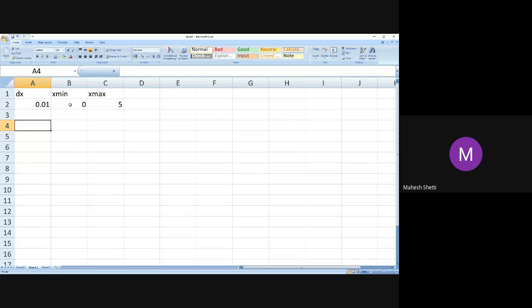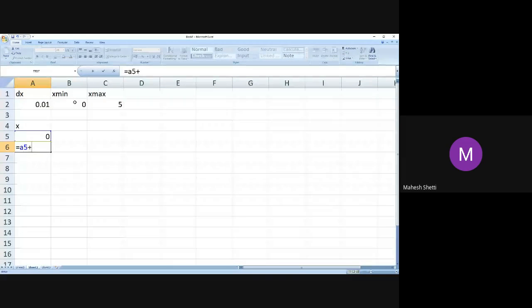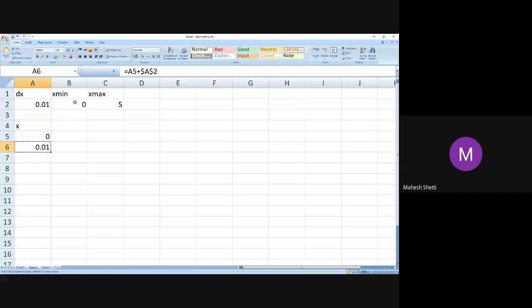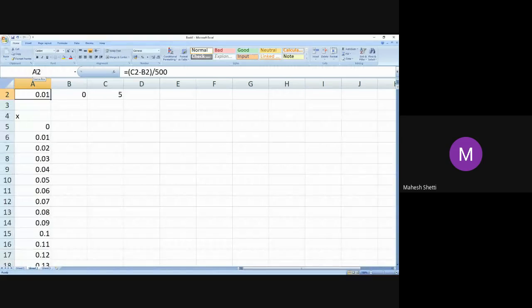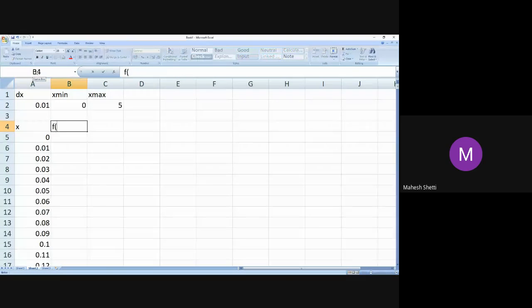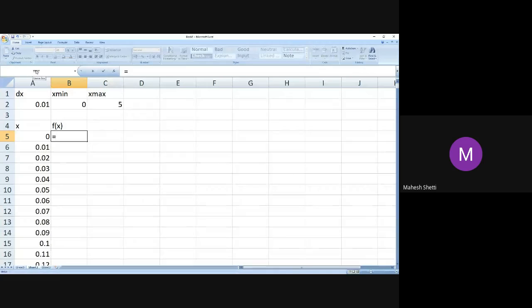Okay, and I'm starting with lower limit equal to A5 plus $A$2, and copy this and paste it in the next 500 cells. You can see that the last number is 5, so that is correct. Now, function of x. And let's suppose I want to calculate this as x square function in the beginning.